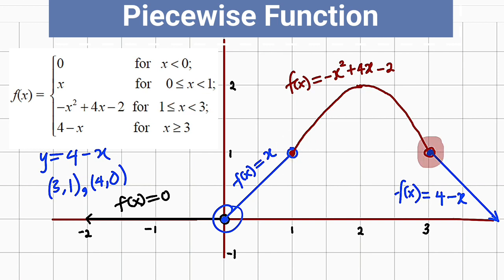Then the last point, when x is 3, only satisfies the last function, but the second to last function says x is less than 3. So this is what I mean by every terminal point can satisfy at most one function.